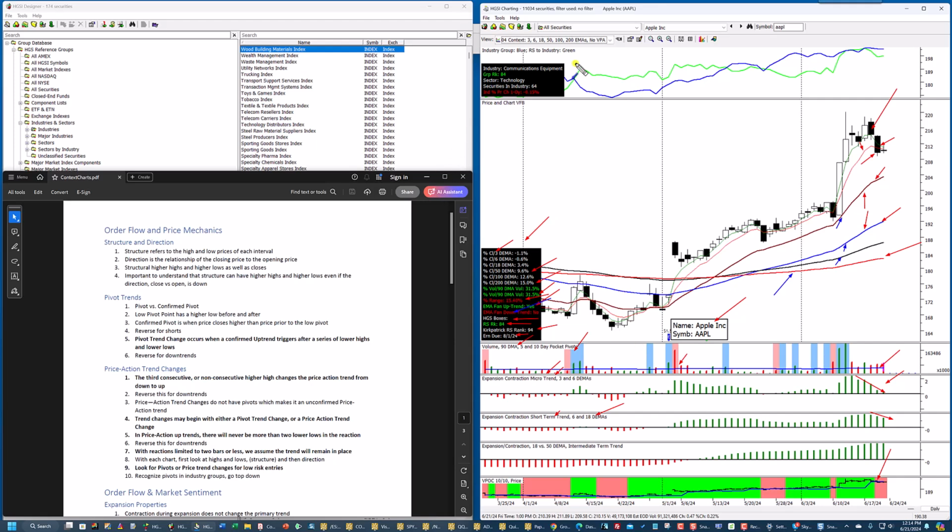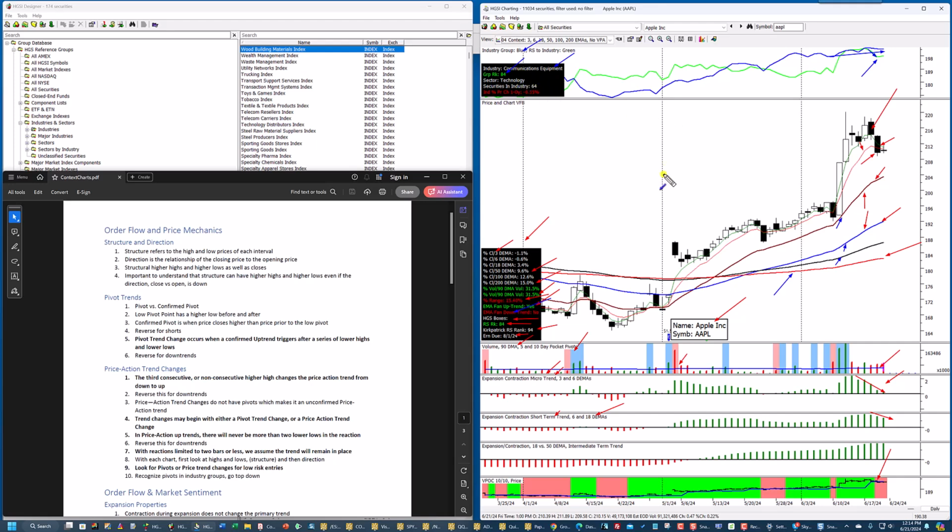Now, one more thing up here. This is an important window. The industry group is blue. You can see that the industry group, communications equipment, has been trending up, and the green is a relative strength rank to the industry, and Apple, as it's come down, was underperforming its industry group, and the information is all right here in this box.